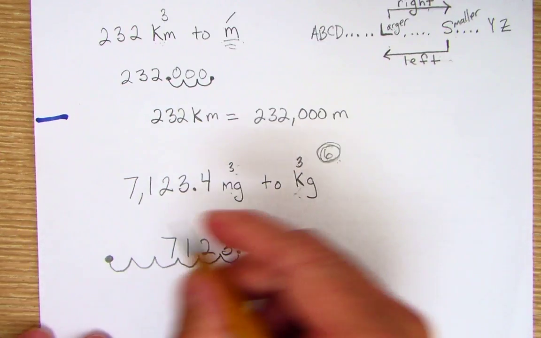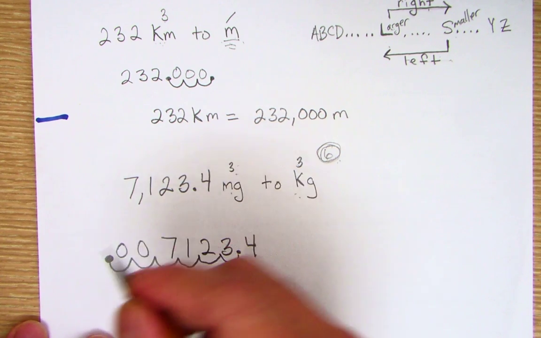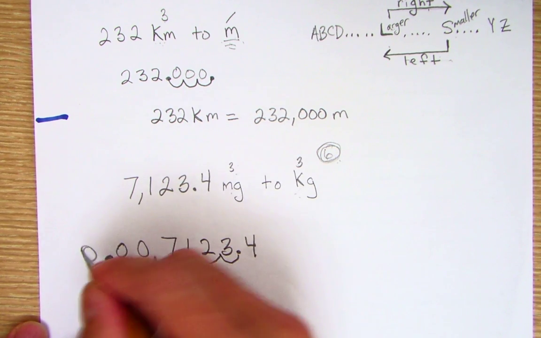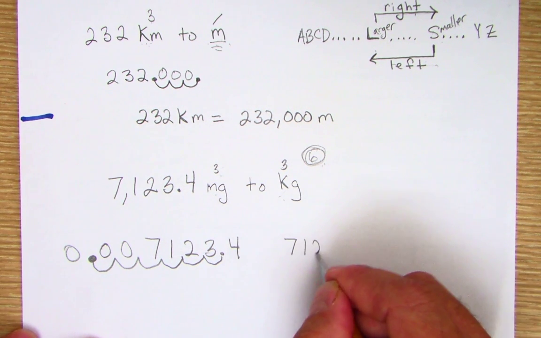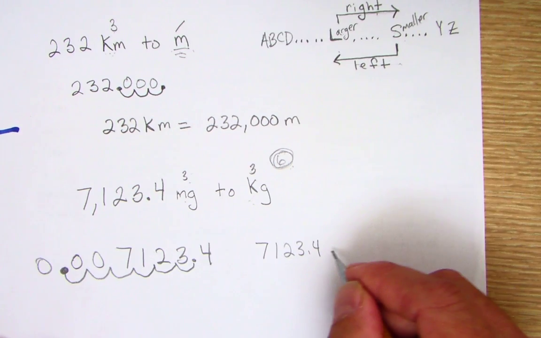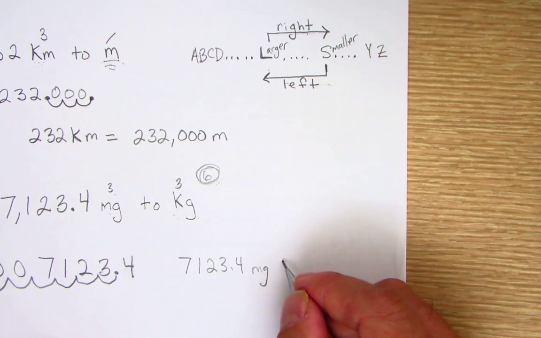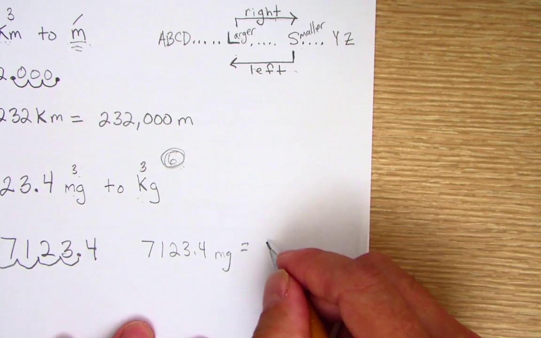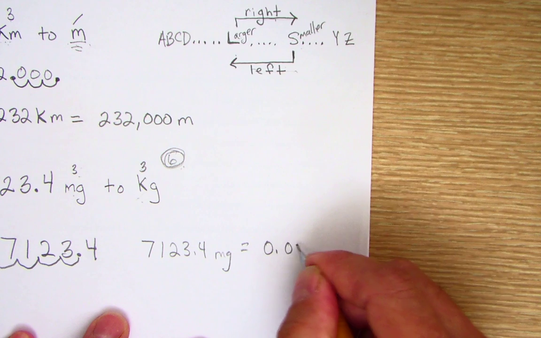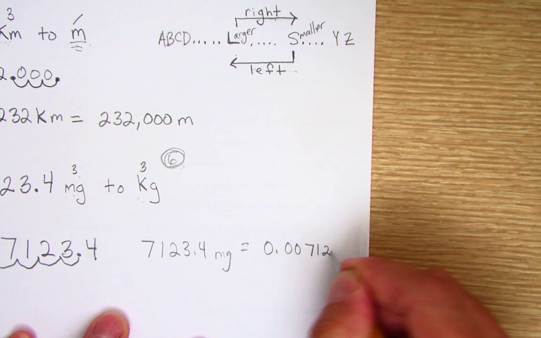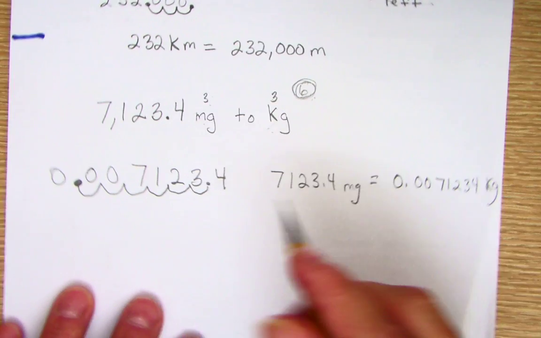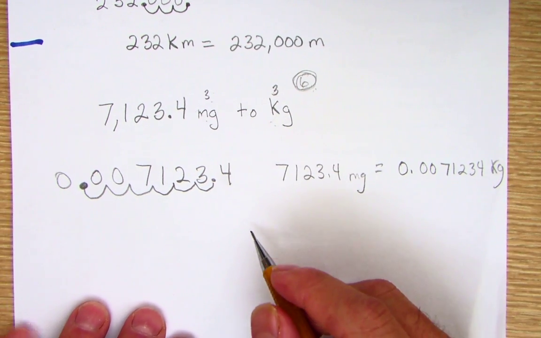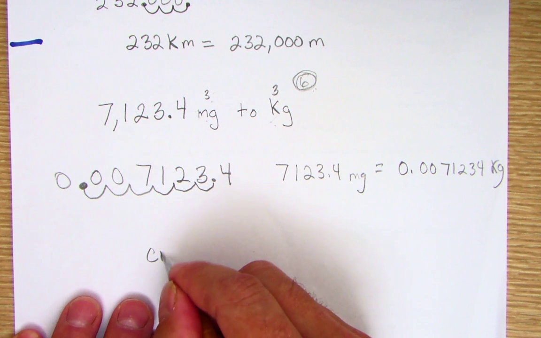And recall that I'm going to fill in my loop-de-loops, but I need to also put a 0 in front of the decimal. So 7,123.4 milligrams is equal to 0.007123 kilograms.